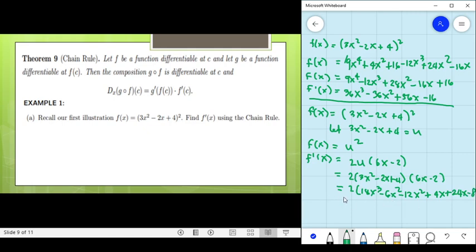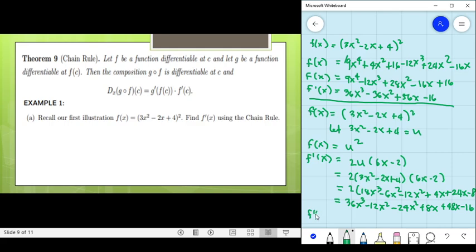Then we distribute: 2 times 18 is 36x cubed, 2 times negative 6 is negative 12x squared, 2 times positive 12 is 24x squared, plus 8x plus 48x minus 16.